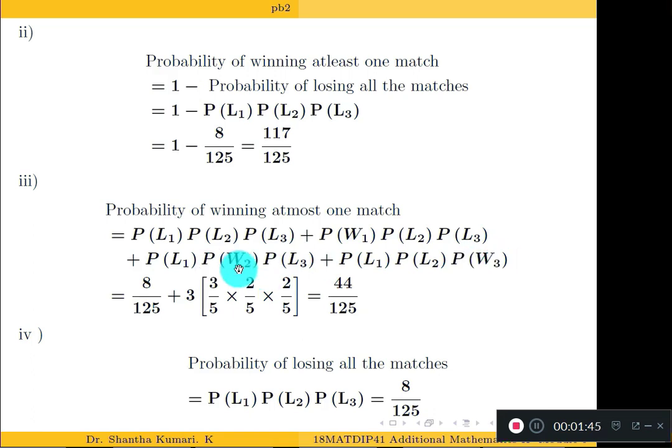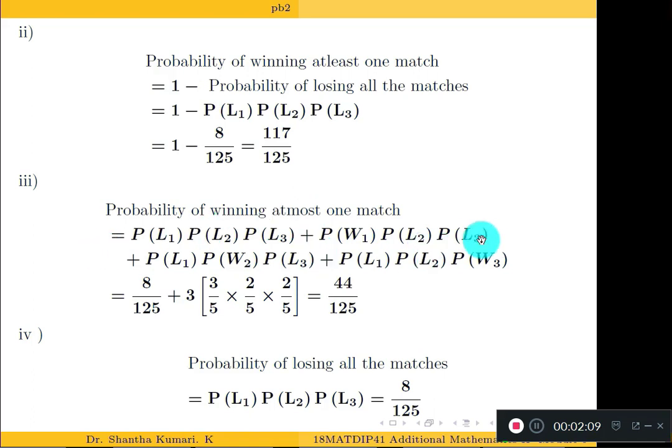You can see in each of these cases, the team is winning only one match, so here only one W is present, here also only one W is present, here only one W is present. So either only one match or no match. So here no W is present, correct? So at the most one match means either only one or not more than one. So less than 1, 0.